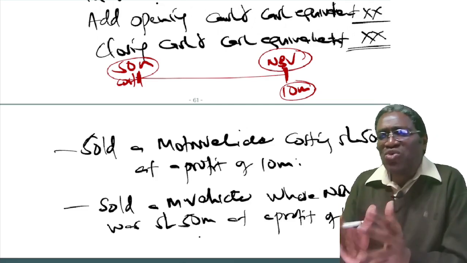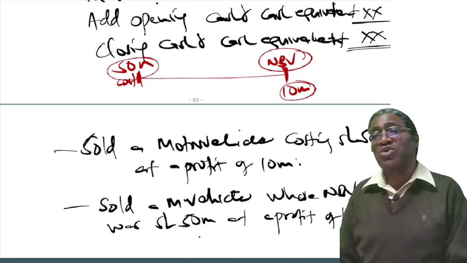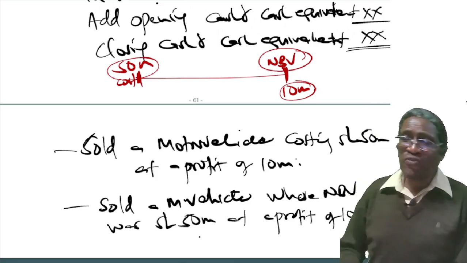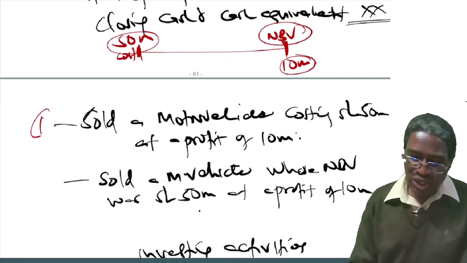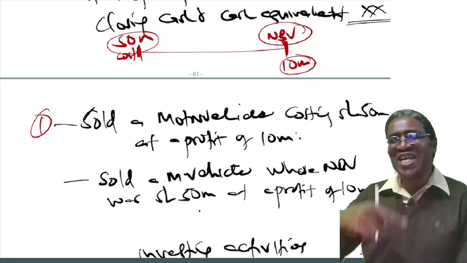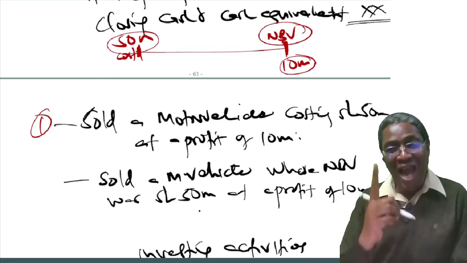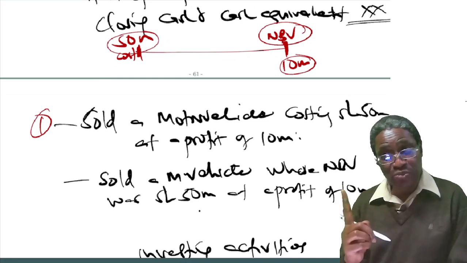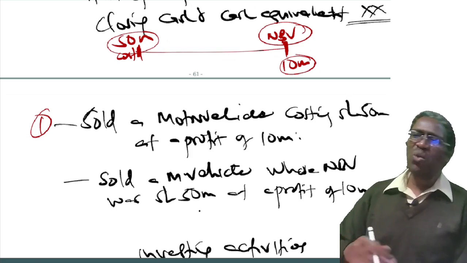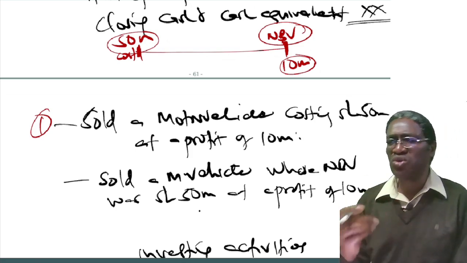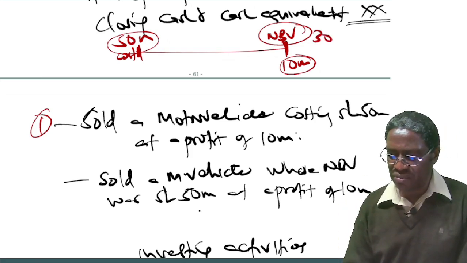What was the value of the asset as at the date of disposal? So for case number one here, you needed to calculate the book value of the asset at the date of disposal. Let me assume you got something like 30 million.